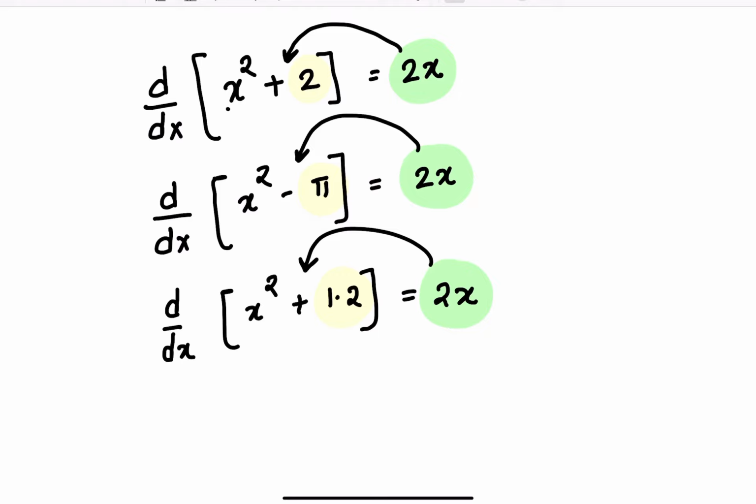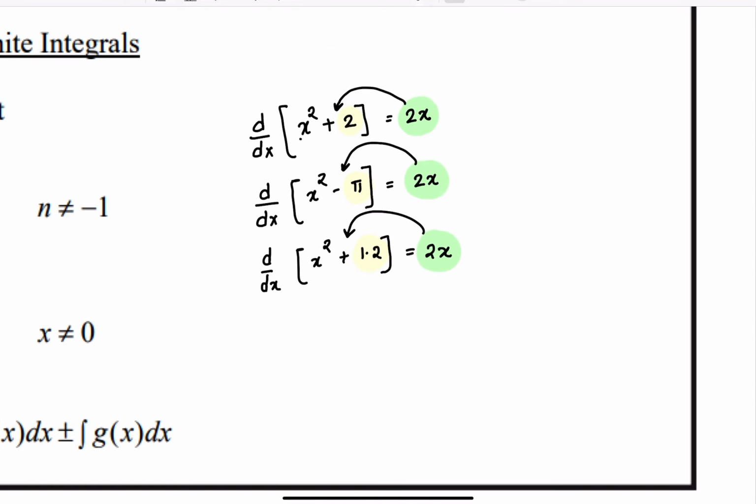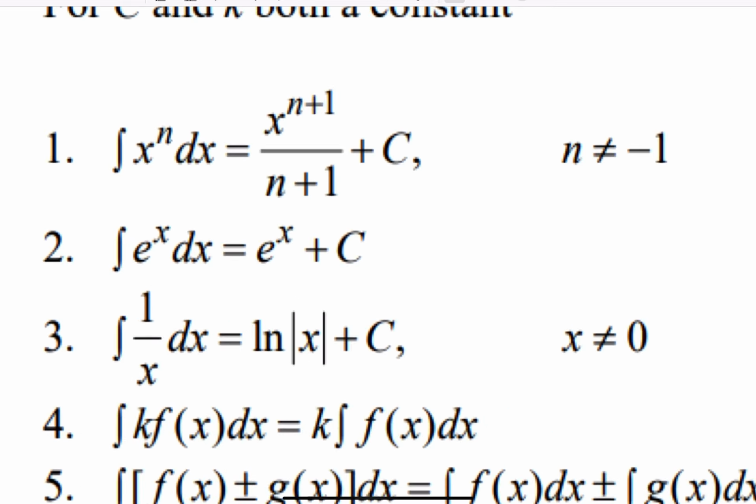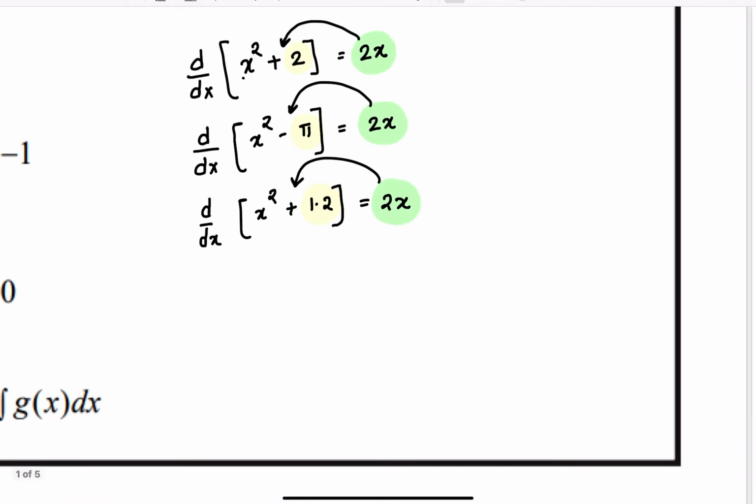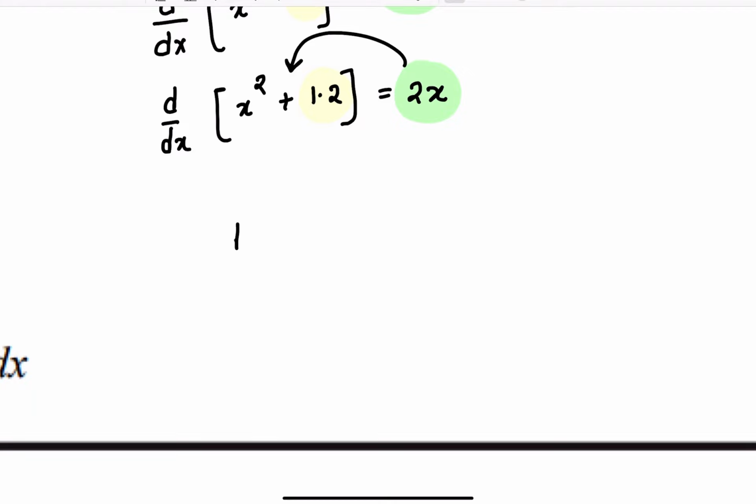For this only reason, when you are finding the antiderivative, which is represented as this integral, you always put a constant c.